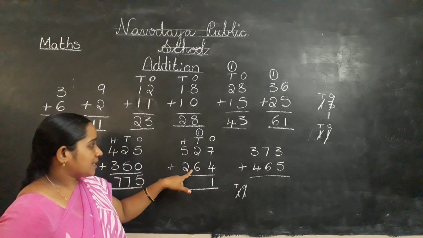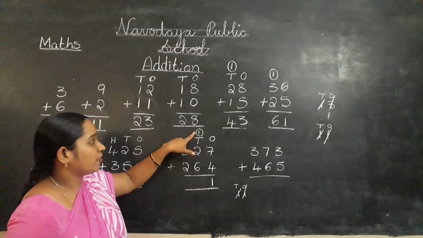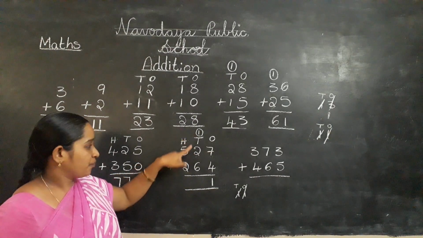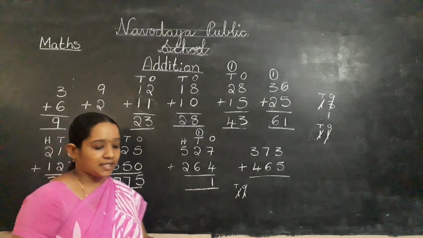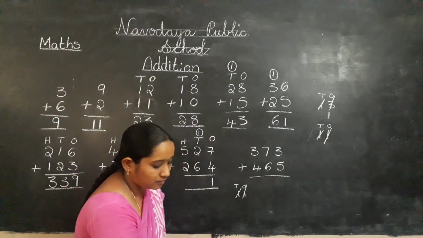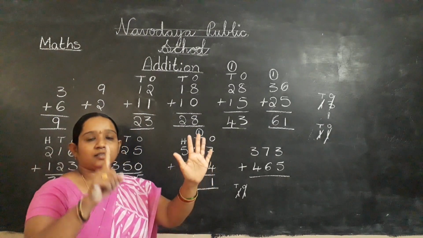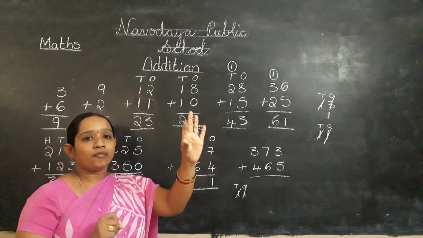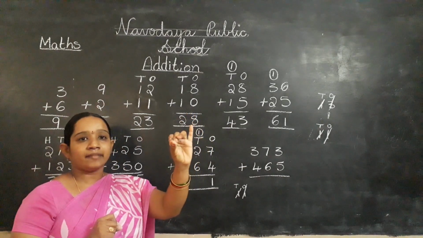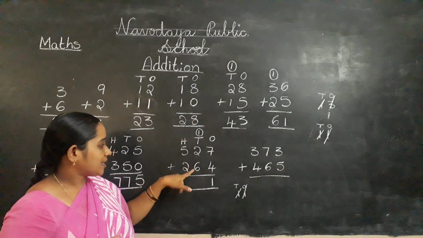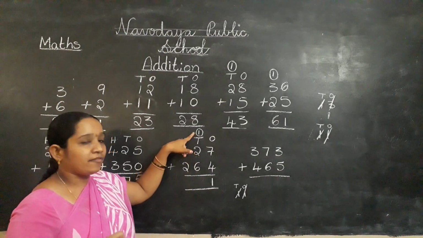Next, 2 plus 6 plus 1. Here, don't forget to add the carry number. 2 plus 6. Take 6 fingers. 2 after: 3, 4, 5, 6, 7, 8. 2 plus 6 is 8. And here the carry 1 is there.